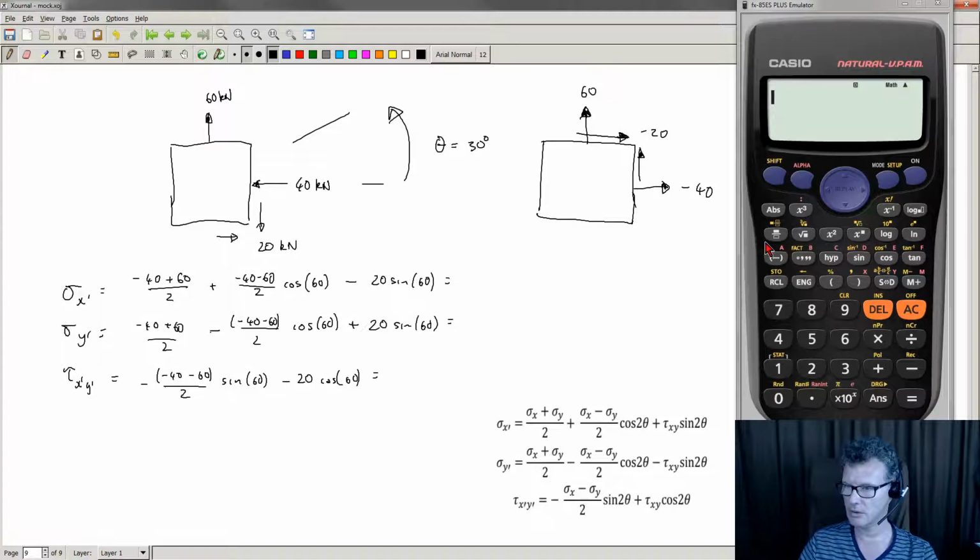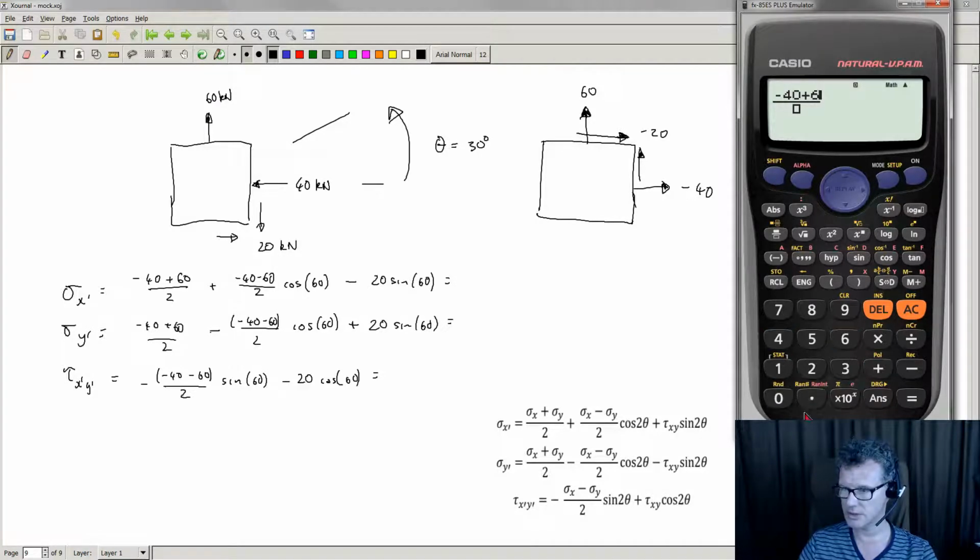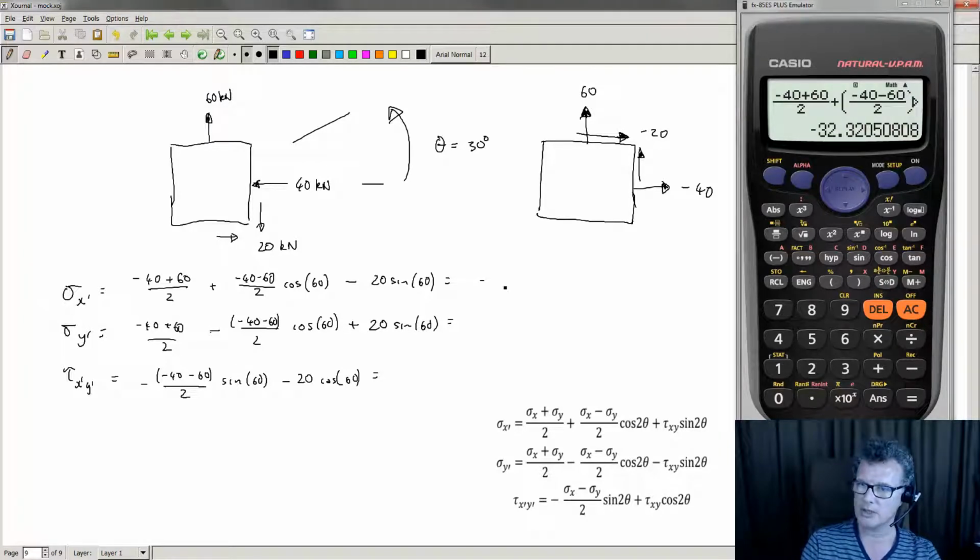So we're going to have minus 40 plus 60 divided by 2, plus minus 40, take away 60, divided by 2, times by cos 60, and I'm in degrees, take away 20 times sine 60, close the bracket, and the result is minus 32.3 kilonewtons.